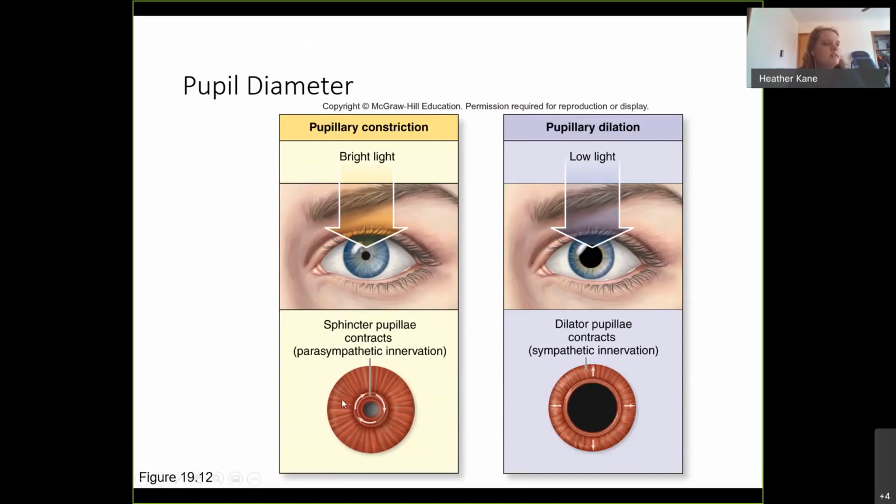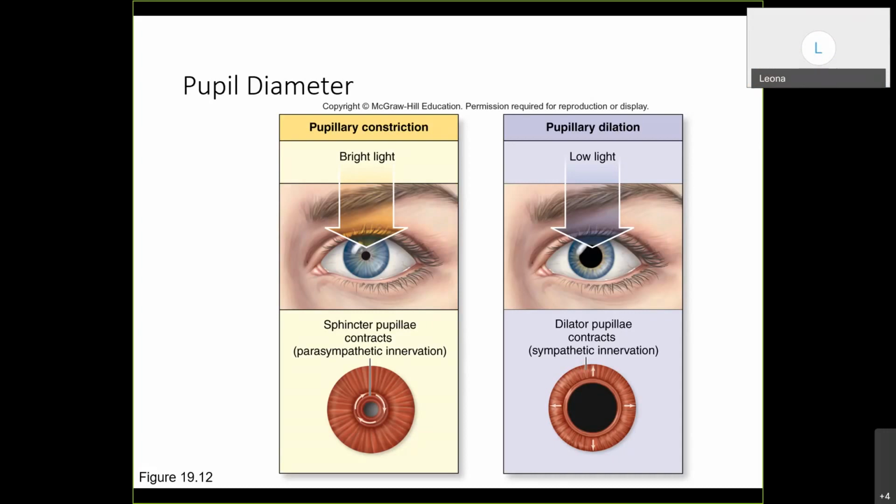This is going to be part of parasympathetic innervation. So, unmute you guys. What does parasympathetic innervation mean? Parasympathetic. I heard something.